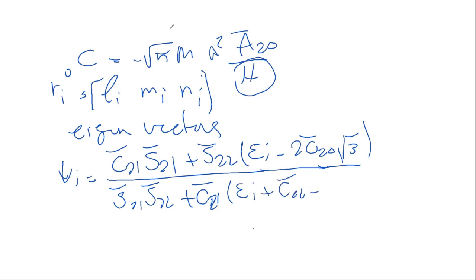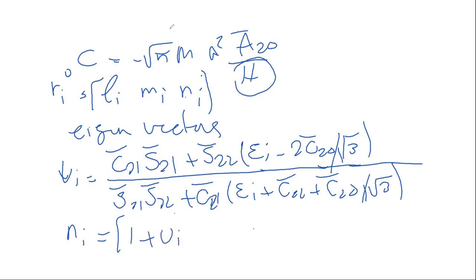So if you have a gravitational potential or gravity model like EGM08 or any other gravity field model, you can compute Ui, and from Ui you can compute Ni, the third eigenvector, which shows the direction of this inertial coordinate system, and S21 bar.